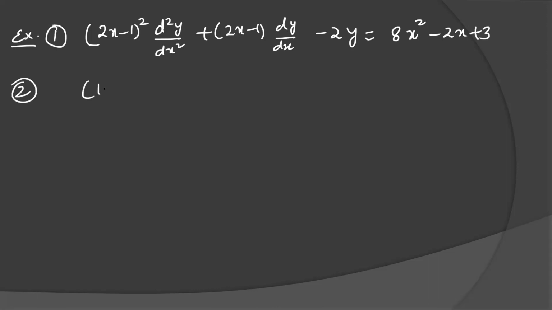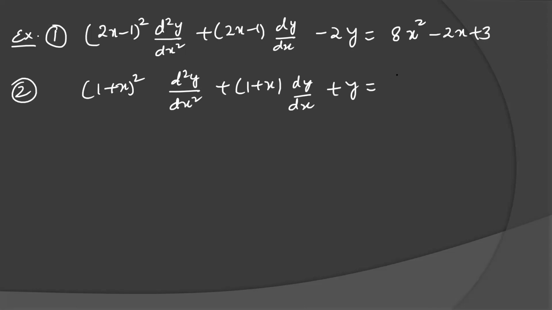Second problem: (1 plus x) whole square d2y by dx2 plus (1 plus x) dy by dx plus y is equal to 2 sine log of (1 plus x). So I'm going to solve the second problem.